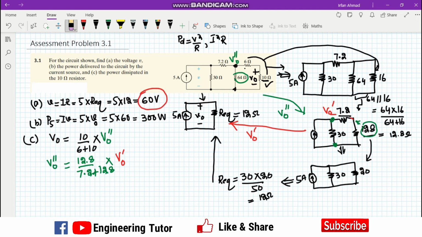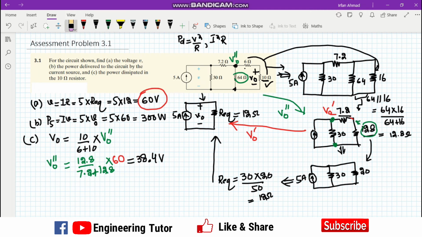Yes, so putting the value here, we will have this 60. So after this 60, we will have the value of it, which is 38.4 volts. Okay, now the value of V naught double prime is known.